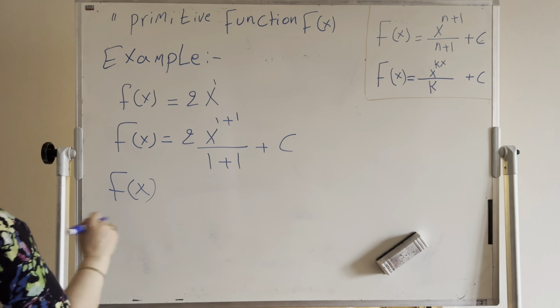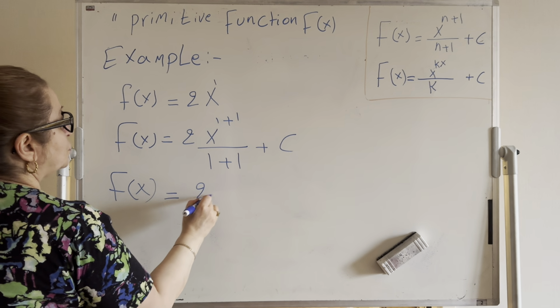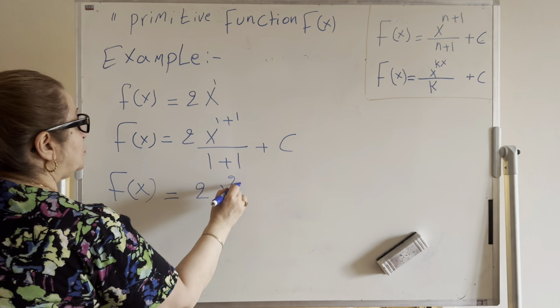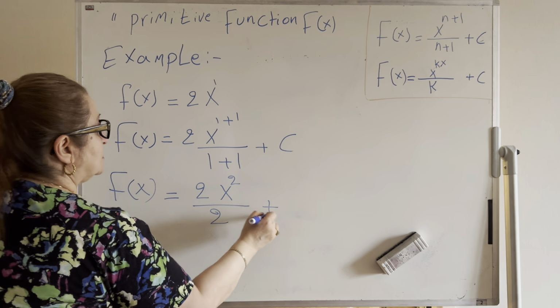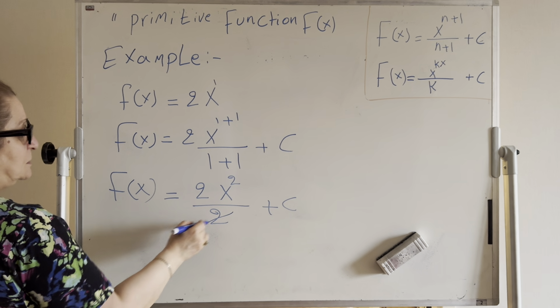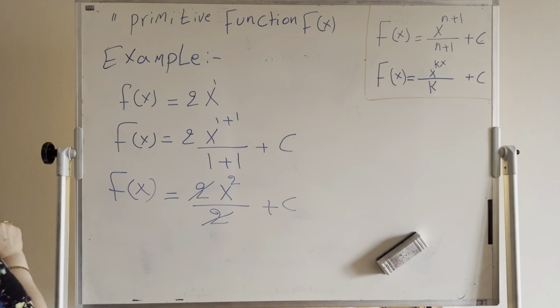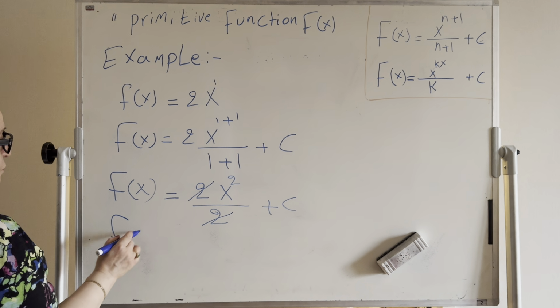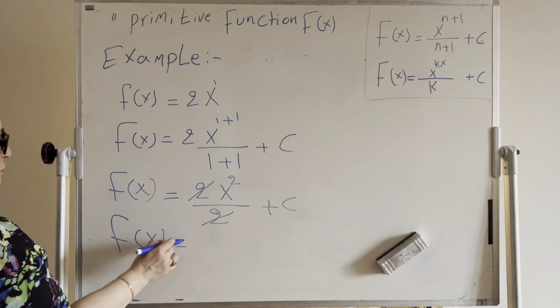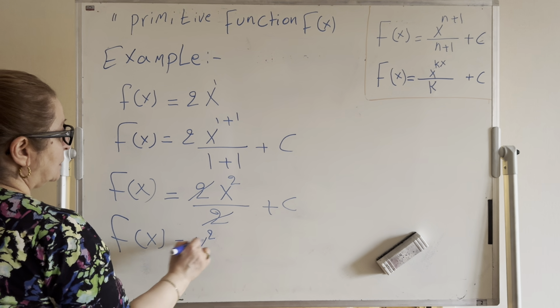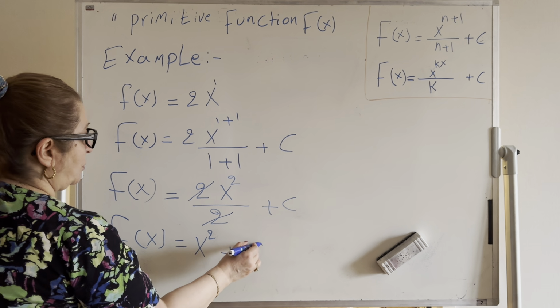The primitive function equals 2x power 2 divided by 2, and I can cancel 2 with 2. So the primitive function will be x power 2 plus c.